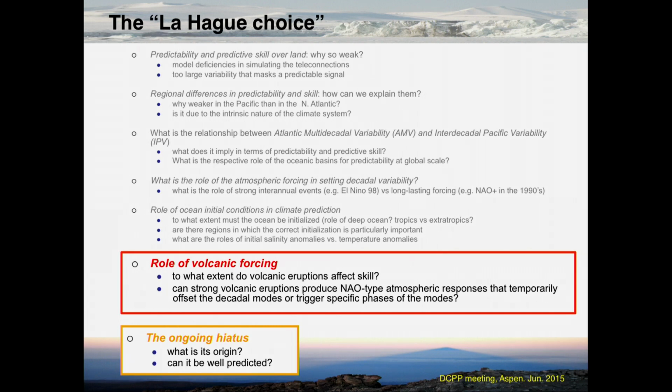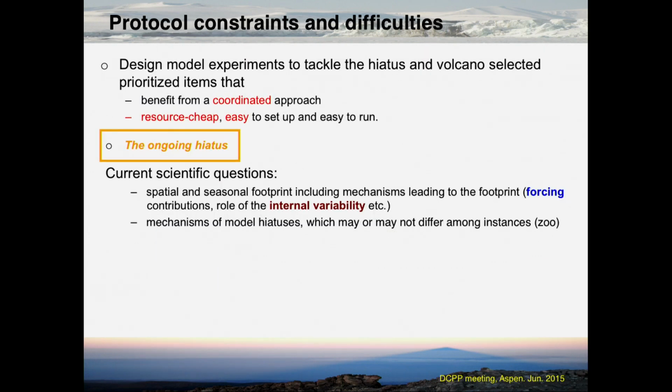Maybe the term is not good, because maybe hiatus is not appropriate, apparently, so we may change this a little bit. But behind this general phrasing is just the modulation of the trend that we are experiencing. So the goal of this component C is to design some model experiments to tackle these hiatus issues and also the volcano.